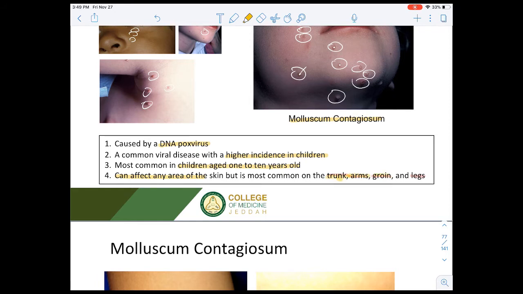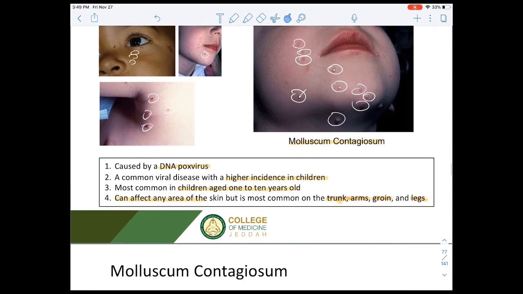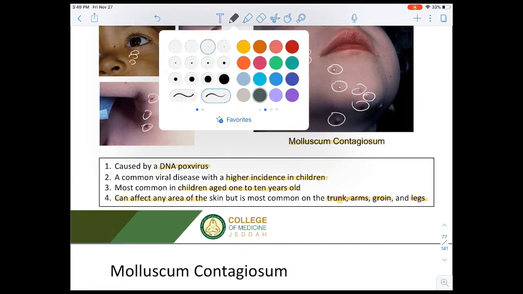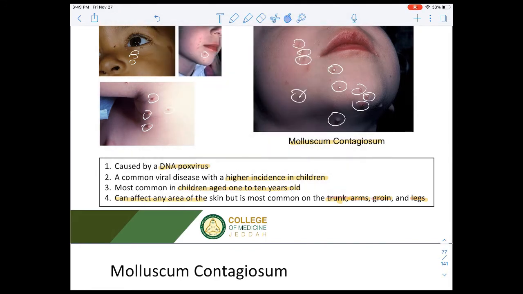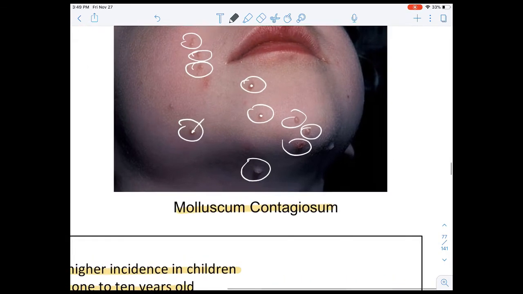And this disease could actually also affect the elderly and the middle-aged. And when it affects them, it's usually caused by sexual transmission. And this sexual transmission would eventually result in a single lesion, right?